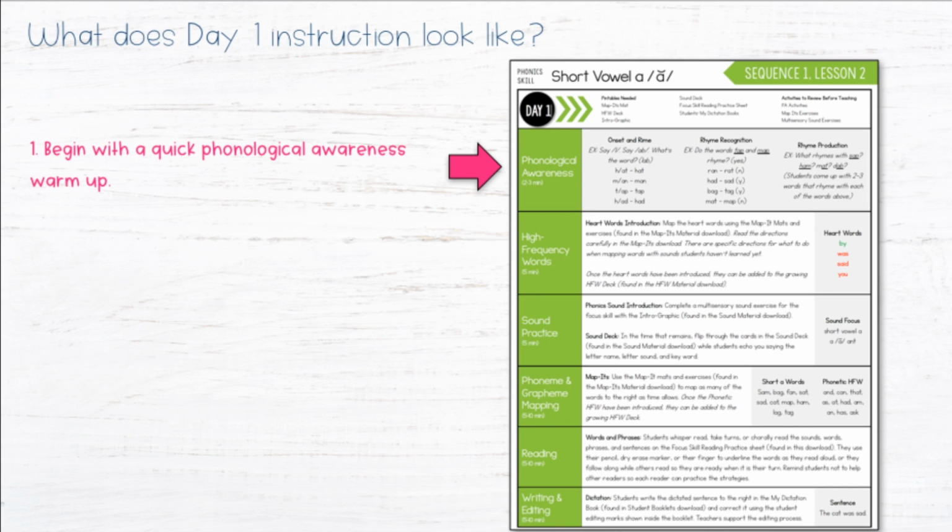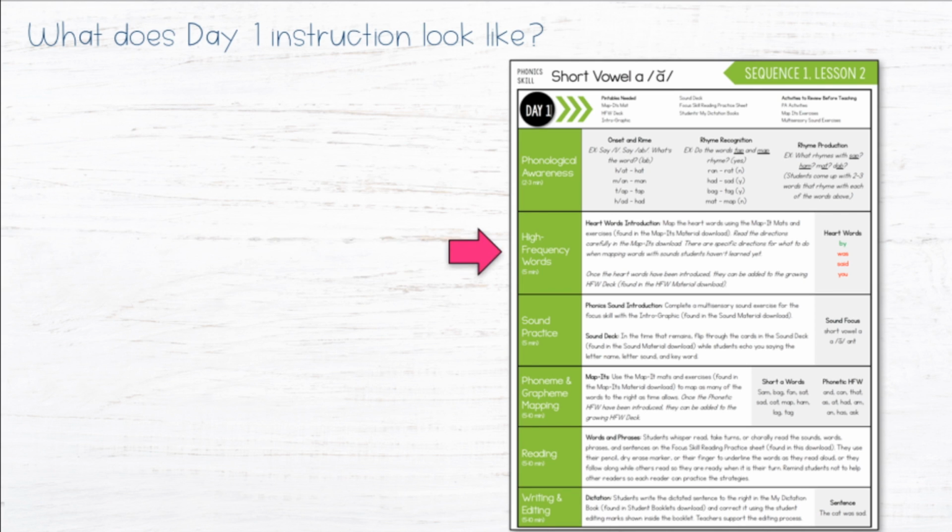In this particular day 1 lesson, the phonics focus is short A. So if you're focusing on short A, that's what the lesson's going to be for the next 3 to 4 days. The phonological awareness skills that you'll focus on with day 1 are onset and rhyme recognition, and rhyme production. Why? Because those are the easier phonological awareness skills to teach. And this is a quick 2-minute warm-up.